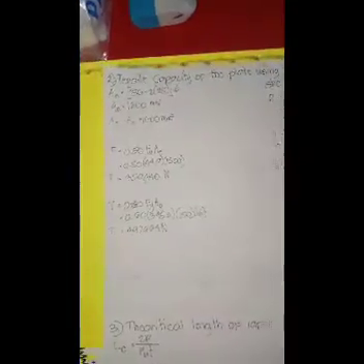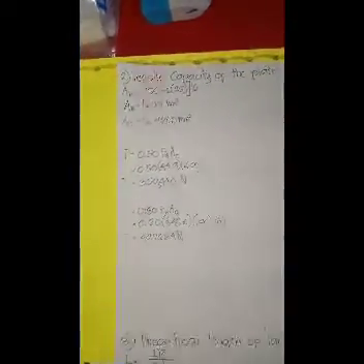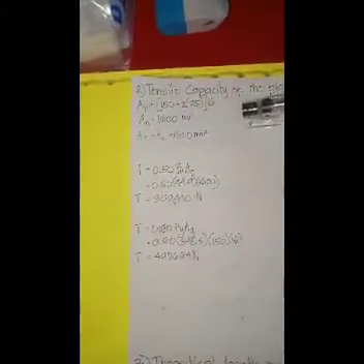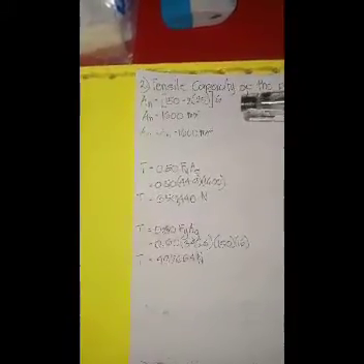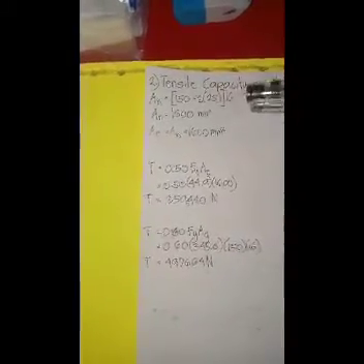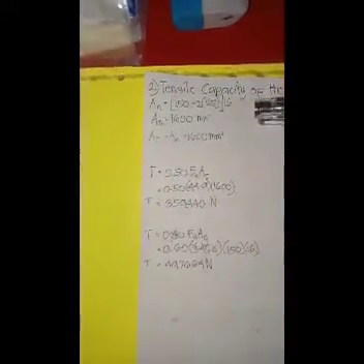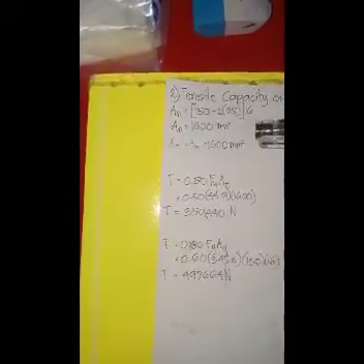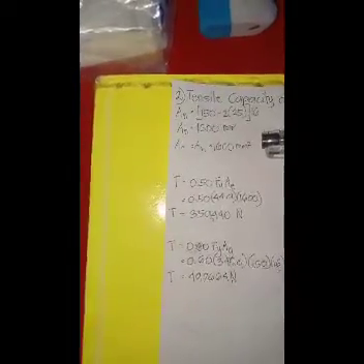Tensile capacity of the plate using a friction type connection. The procedure is the same as in number 1. Then net area is equal to 150 minus 2 times 25, where 25 is 22 plus 3 for the hole, times 16. We have 1600 mm squared for our net area.